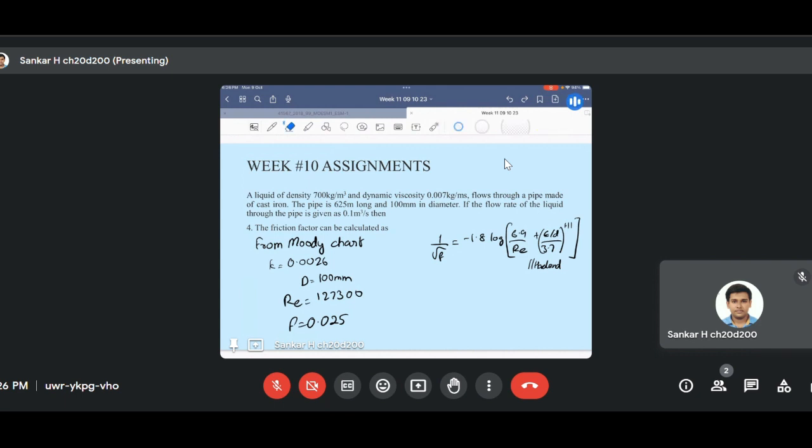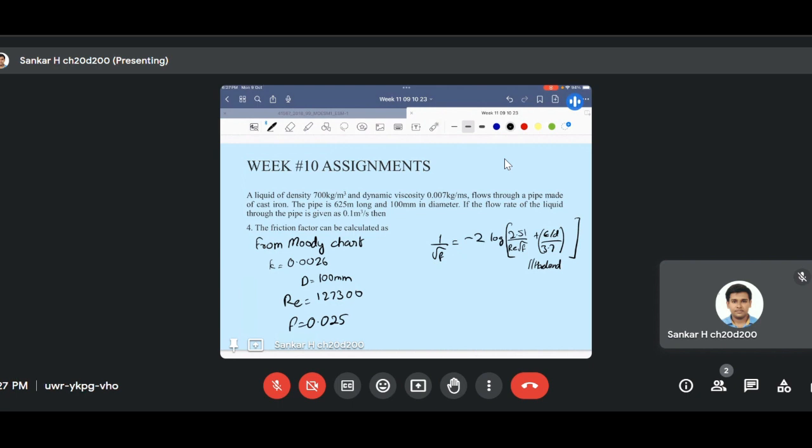Maybe we'll use that equation. It is very similar except that there is no power here, and this second term is redefined as 2.51 by the Reynolds number into the square root of the friction factor, and the coefficient before that is minus 2.